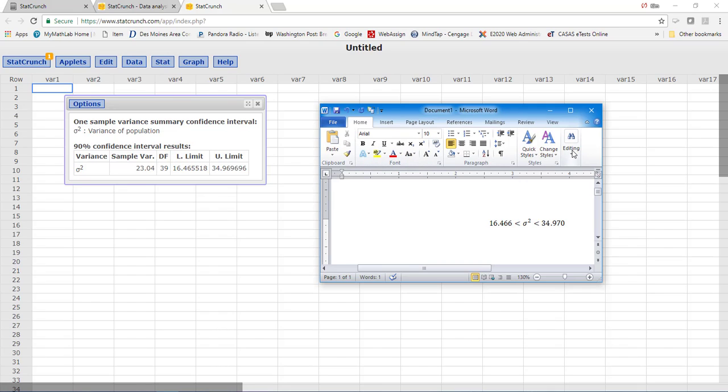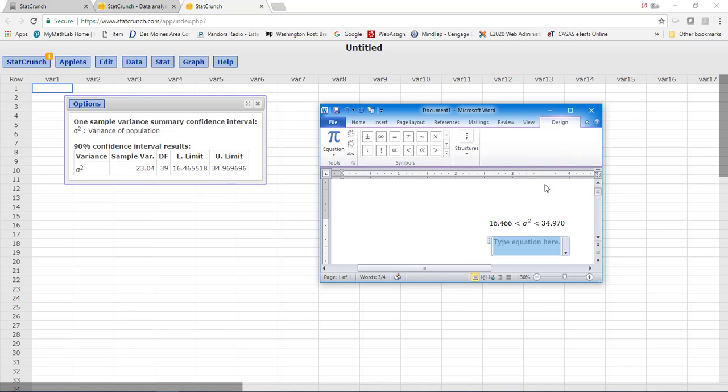So let's insert another equation. And so the square root of 16.466 is 4.05.